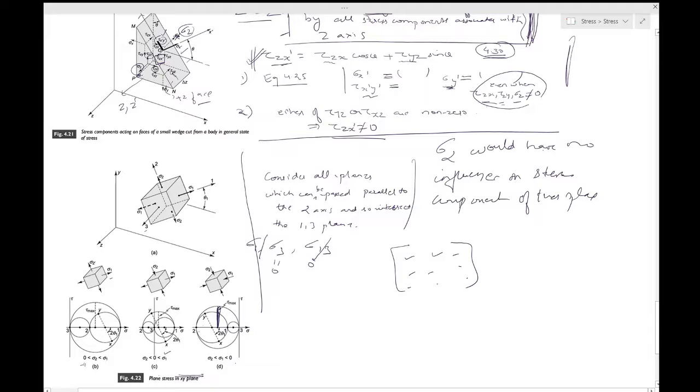It happens in the 2-3 system, meaning the plane is parallel to one axis. So what they say is that the maximum shear stress occurs at a point on faces whose normal is inclined at 45 degrees to the so-called plane of stress.